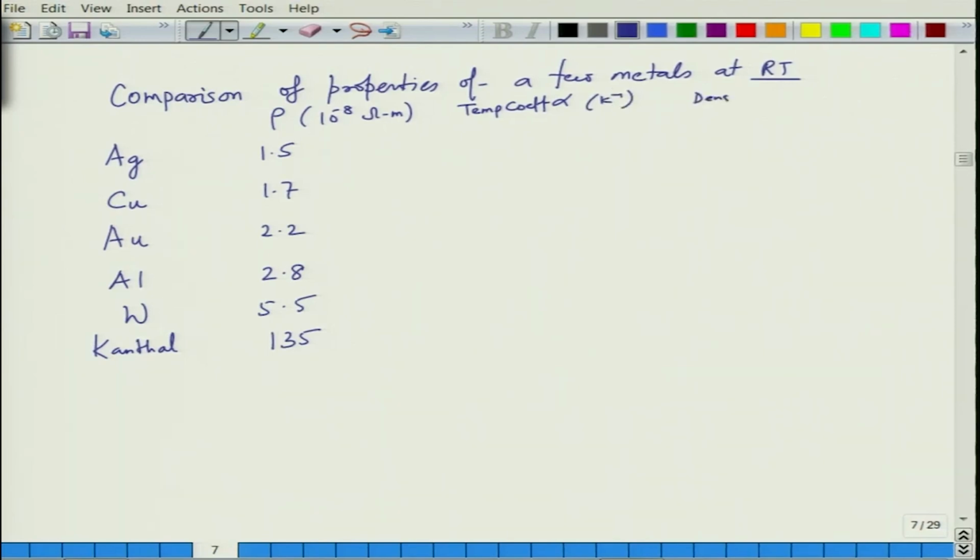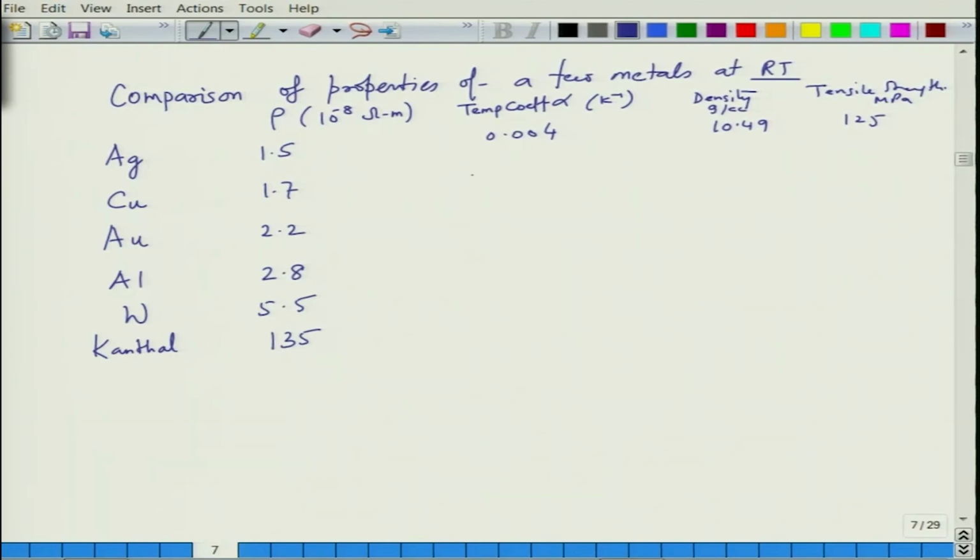Then we can write density, and we can also write tensile strength, which is in MPa. For silver alpha is 0.004, density is 10.49 gram per cc, and tensile strength is 125 MPa.